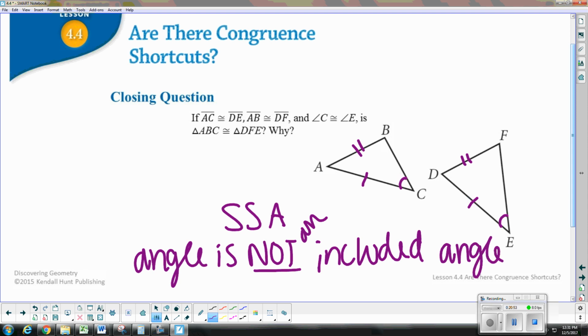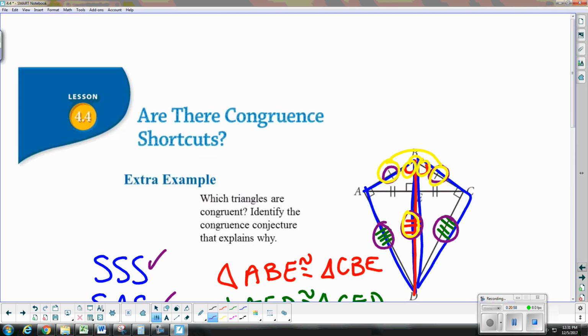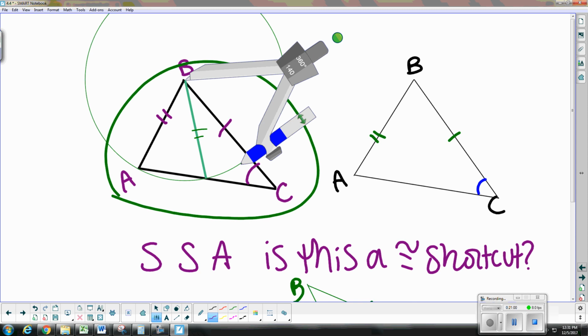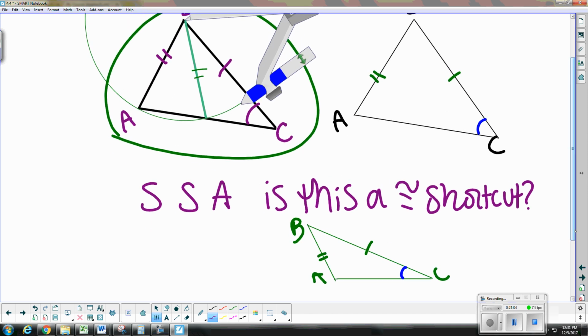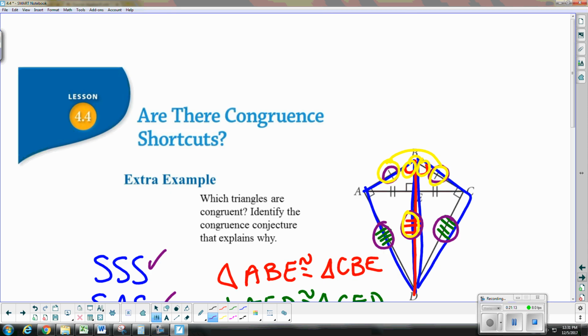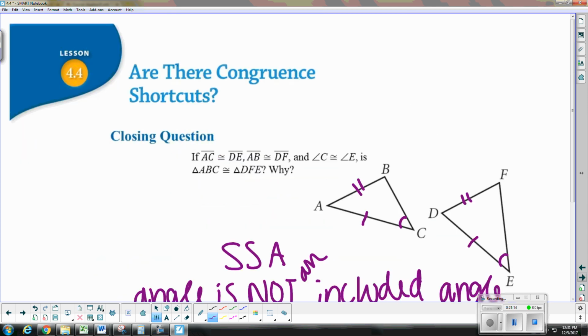And if you go back and look at your shortcuts, this one, side side angle, is the one that we disproved as a shortcut, because we could have two congruent sides and a congruent angle, but if the angle is not included, then we could end up with two different triangles.